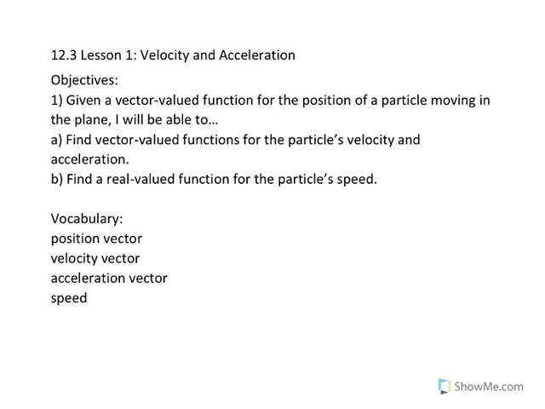So it's the same concepts, but applied to motion in a two-dimensional plane. So we will have a position vector telling us where the object is at a particular instant in time, and we'd like to think about how we can get the velocity and the acceleration vectors from the position vector, and how we can also get the speed function.